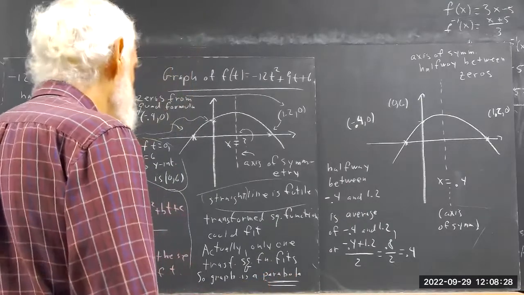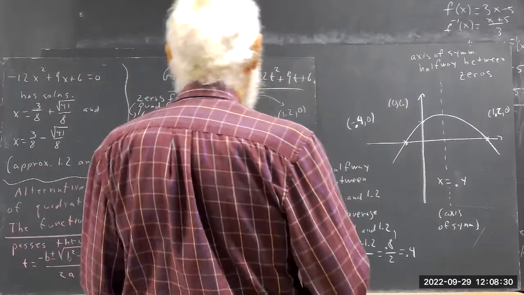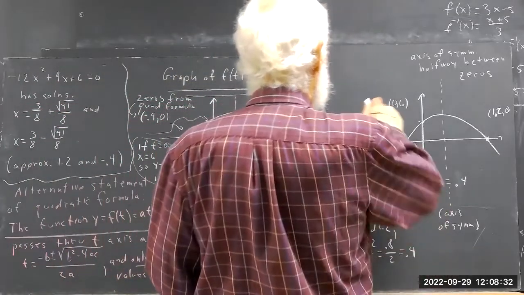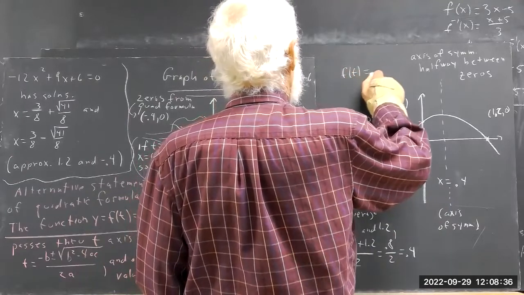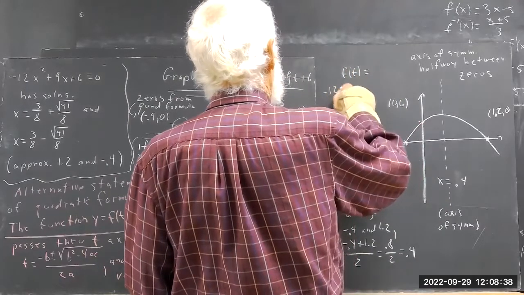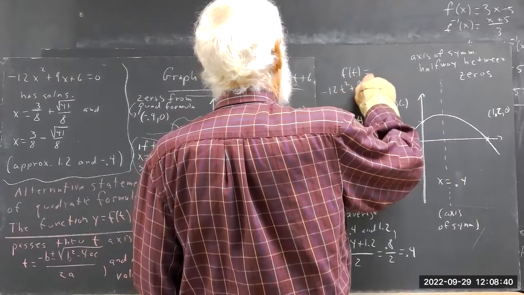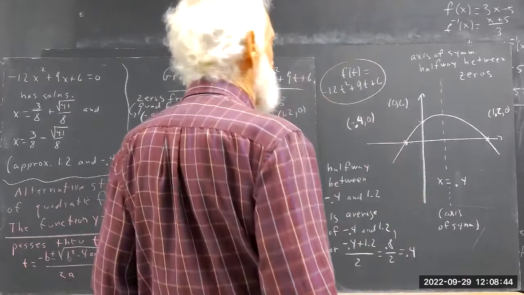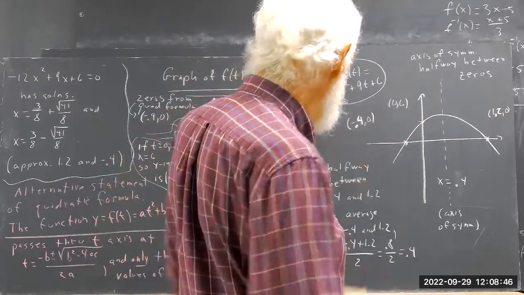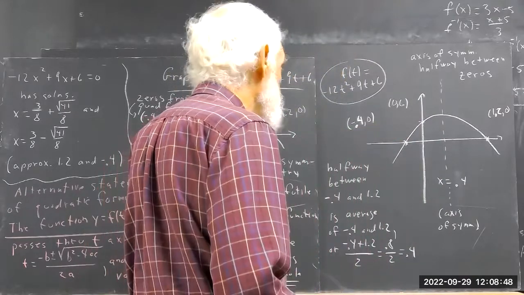Okay, so now remember, this is the function. F of t equals negative 12t squared plus 9t plus 6.